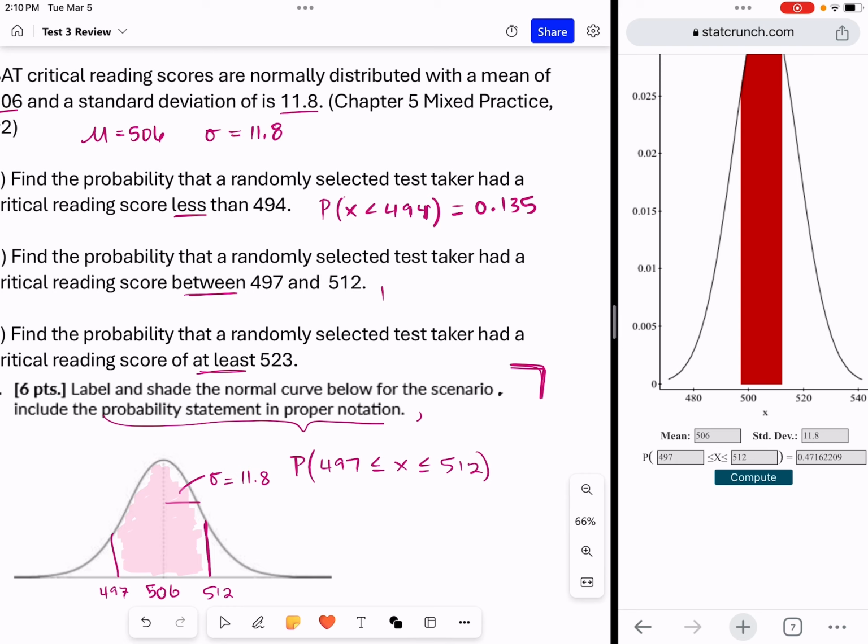So my probability that 497 is less than or equal to X, which is less than or equal to 512. So again, this would be your answer in Pearson, 0.472, assuming they ask you for 3 decimal places.